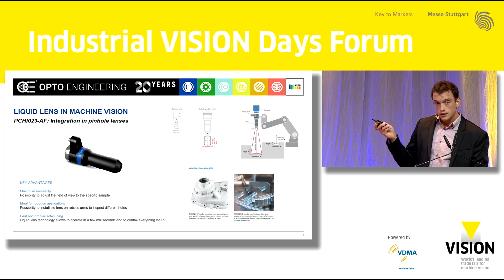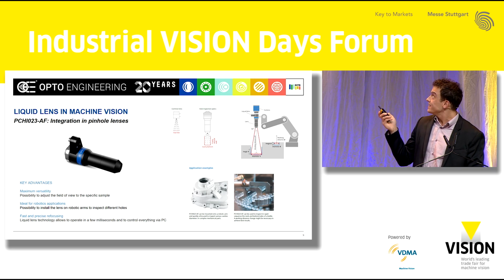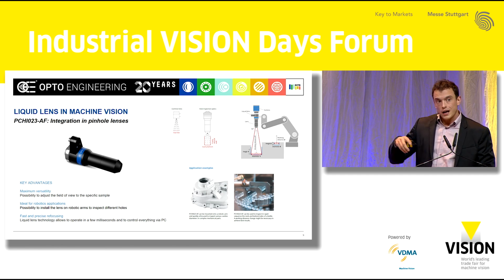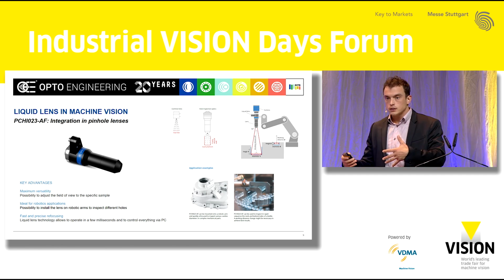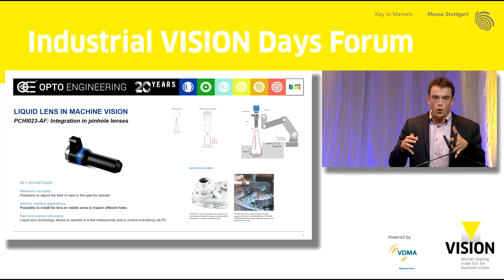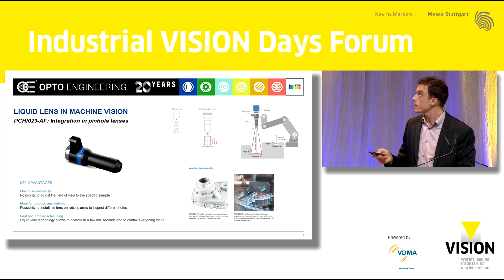The liquid lens allows you to change the shape, basically, of this field of view, adjusting the lens to the specific hole or cavity that you're inspecting.